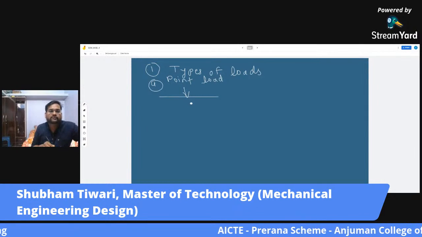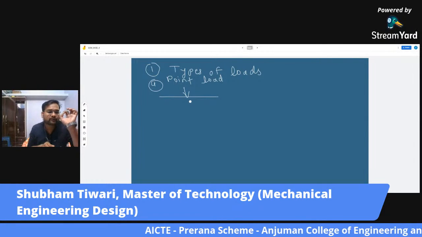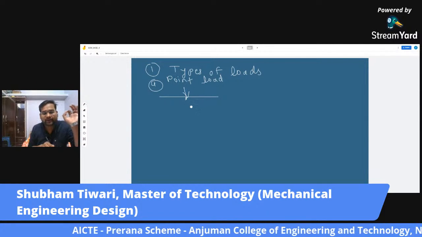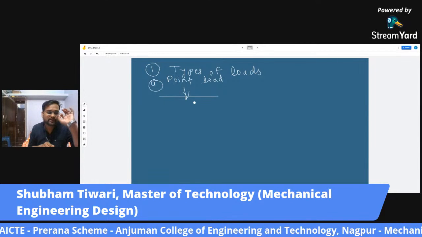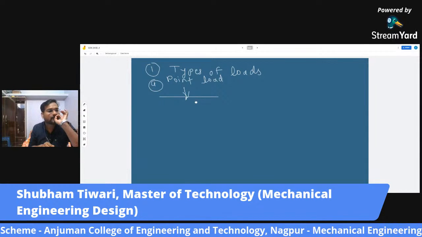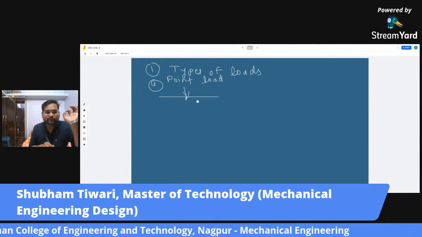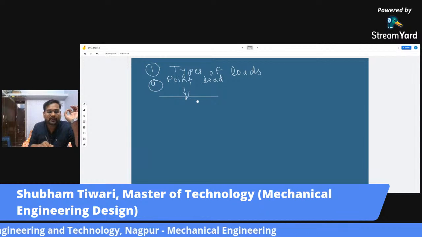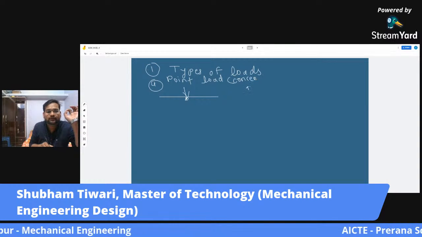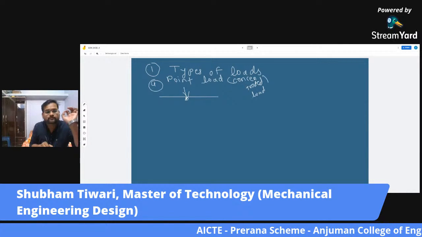The point load is a very simple load. It is concentrated at one point, so we do not need to find explicitly the center of its application or the point of application, because it is a concentrated load. It is also known as concentrated load.